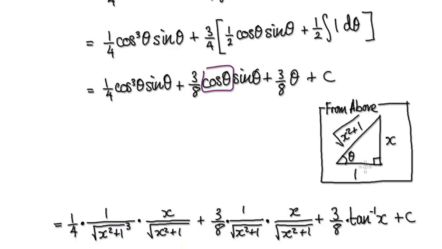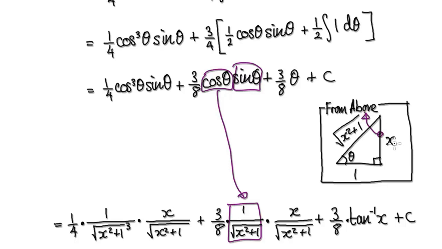So cos will be 1 over hypotenuse. So this thing here will become this. And then you've got your sine. Remember, the sine is opposite over hypotenuse. And then we want theta.